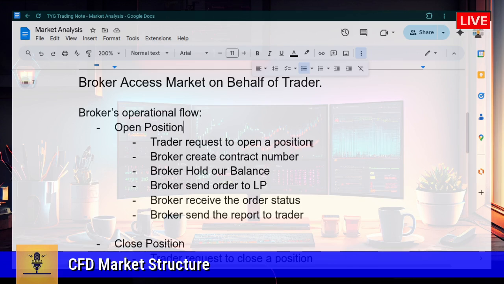Broker will hold our balance based on margin requirement. Next, broker will send an order to liquidity provider. When broker receives the order status from the liquidity provider, broker will send the report back to the trader. These are the list of things broker do when we request a position to them.